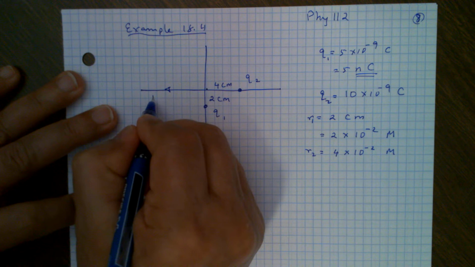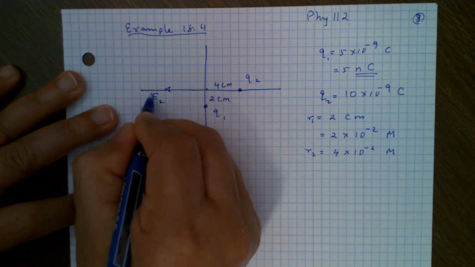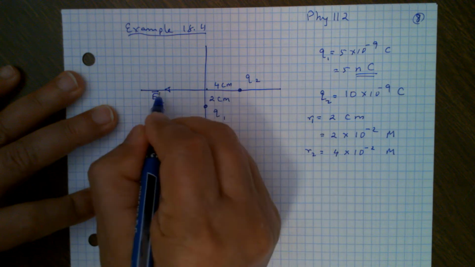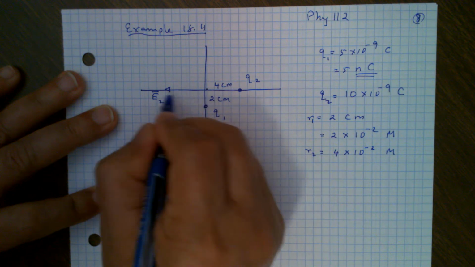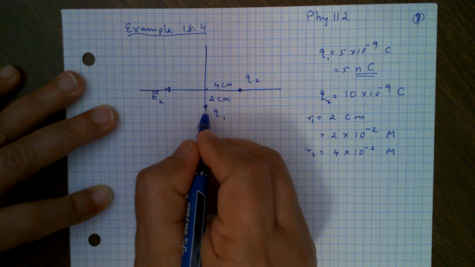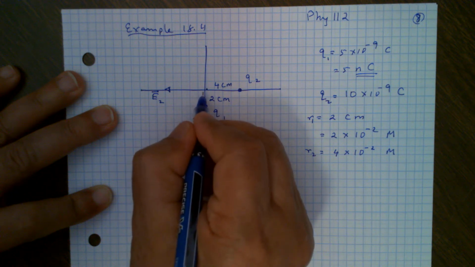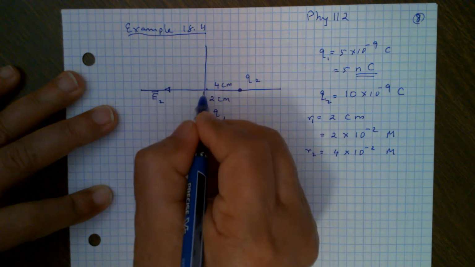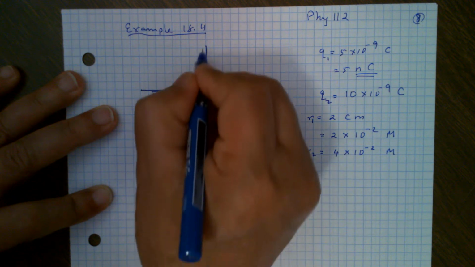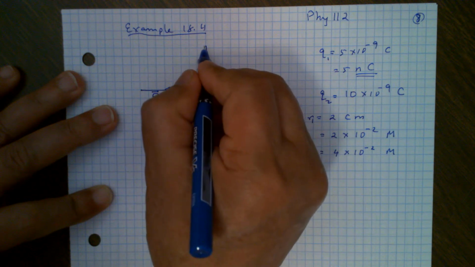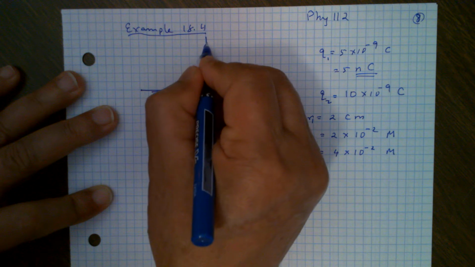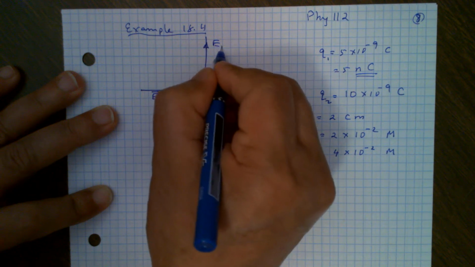Okay, so that's, let's call it E2 vector, because in this direction, and let's say it's about this much. And Q1 is also positive, so at this point the electric field will be pointing in the positive y direction, that is away from the charge. So it'll be just, let's say, about this much, E1.